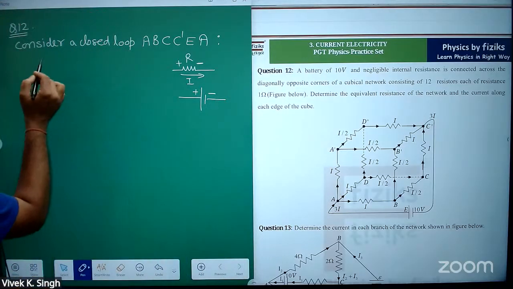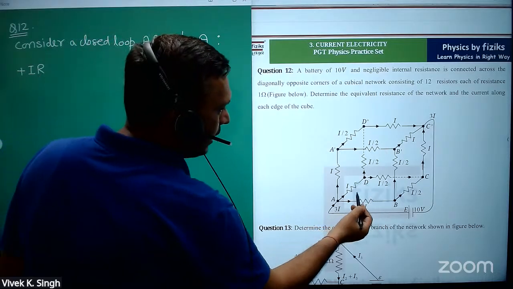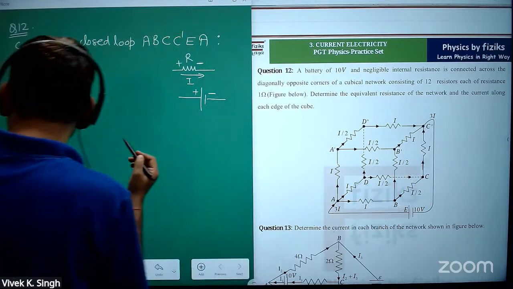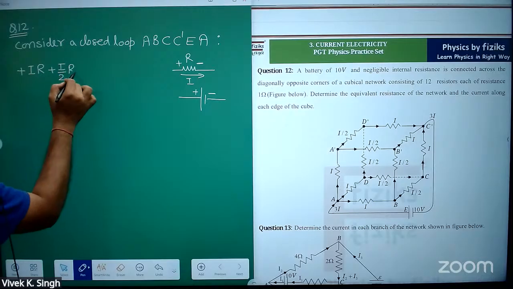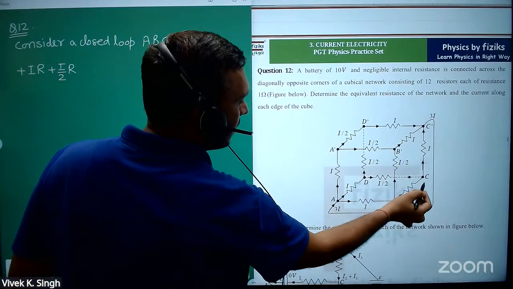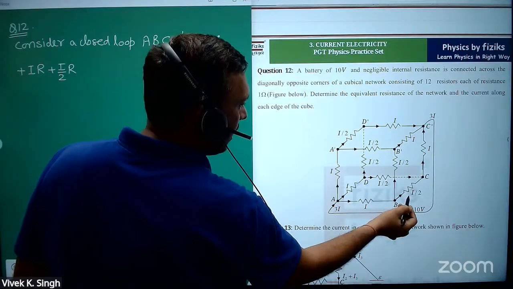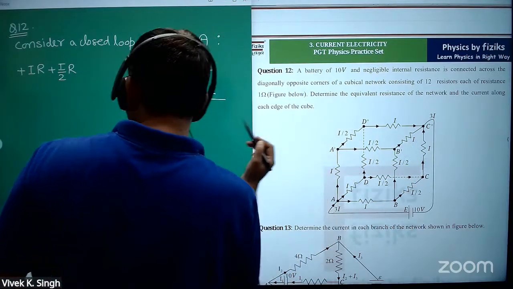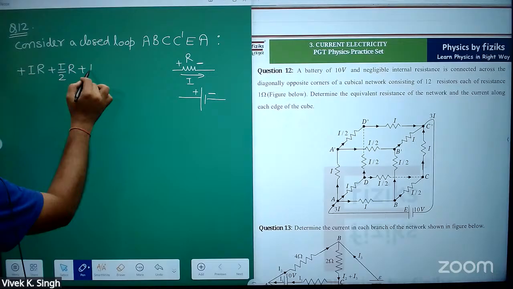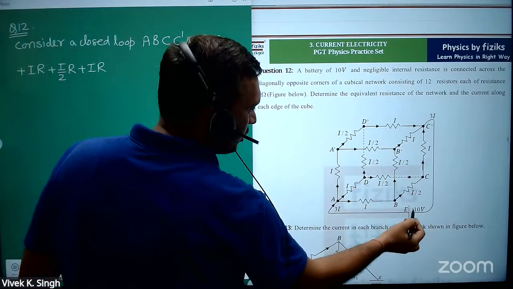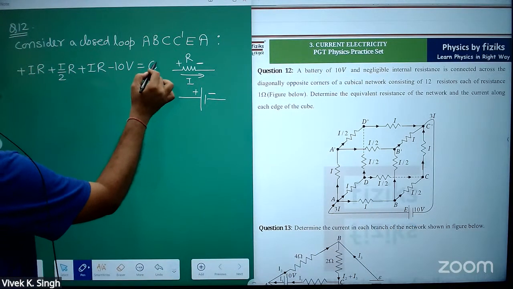So you will write it as plus I into R, plus I into R, then plus I by 2 into R plus I by 2 into R. Again this is I into R, I by 2 into R, and this gives you I into R plus I into R. Then if you return to the voltage source, you are moving from minus to plus, so this is minus 10 volt equal to 0.